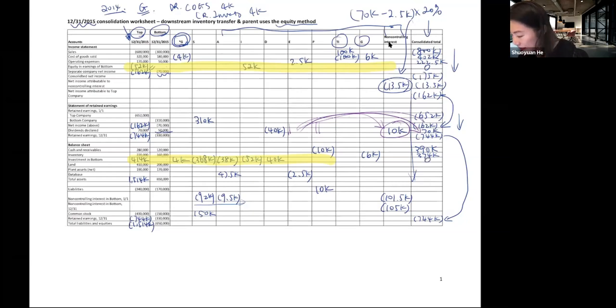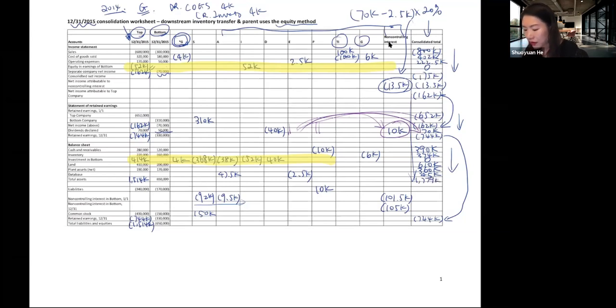Net is 610,000. Plant asset is 360,000. Database goes to 45,000. And then if you add up everything, that will give you your total asset of 1,779,000.